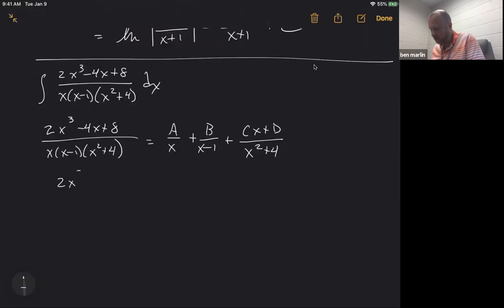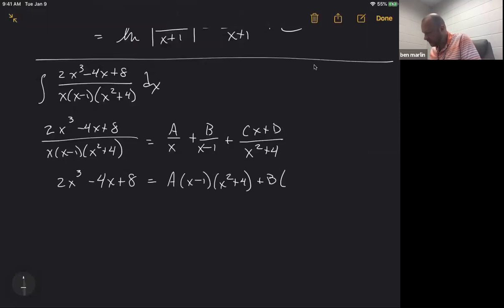You'll have 2x cubed minus 4x plus 8. You'll have a times x minus 1, x squared plus 4, plus b times the x and the x squared plus 4, plus, sorry about this, cx plus d times the x and the x minus 1.